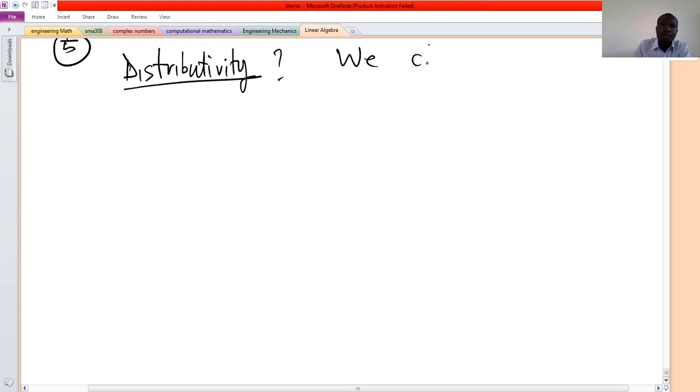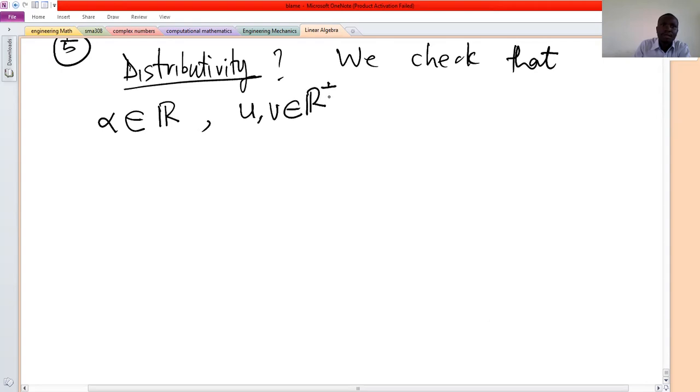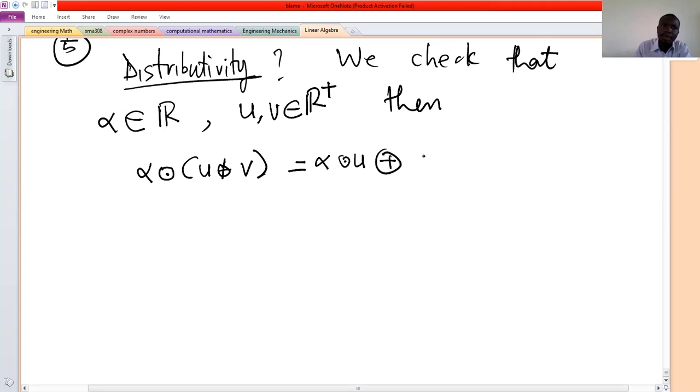So we check that if I have a real number alpha and I have 2 elements u and v in this set R plus, then if I say alpha times u plus v, I need to get alpha times u plus alpha times v. So this is what you need to check.